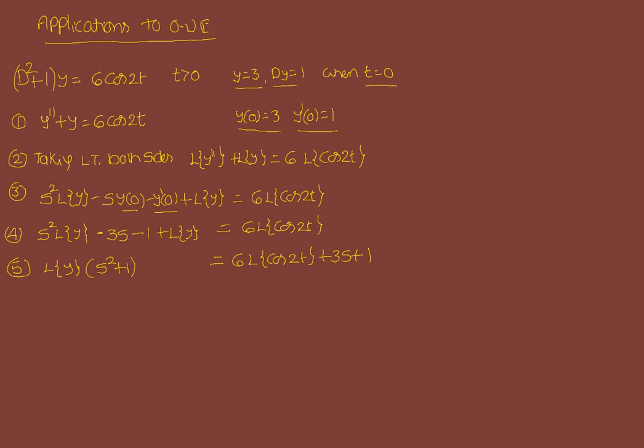Therefore, sixth step, L of y is equal to 6 into s by (s² + 2²) into (s² + 1), plus 3s by (s² + 1), plus 1 by (s² + 1).